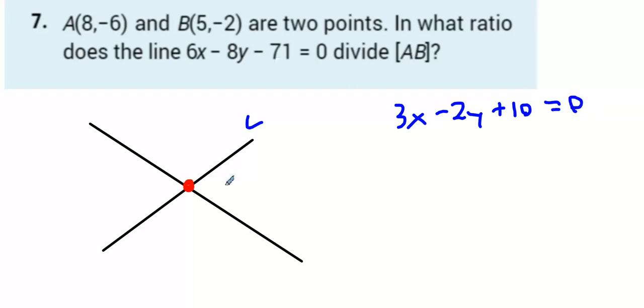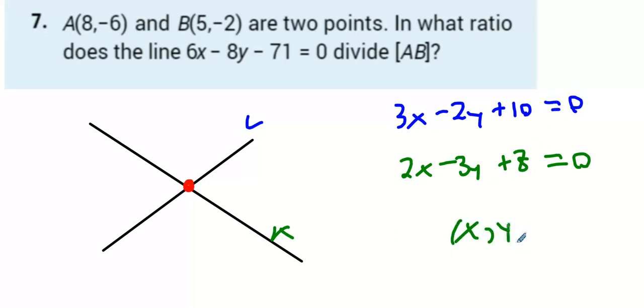I will say that line K, which is this line here, for argument's sake, is 2x minus 3y plus 8 equals 0. We solve simultaneous equations. What happens when we solve simultaneous equations? We usually get an x value and we usually get a y value, and that is where the two lines hit each other. Is that okay?